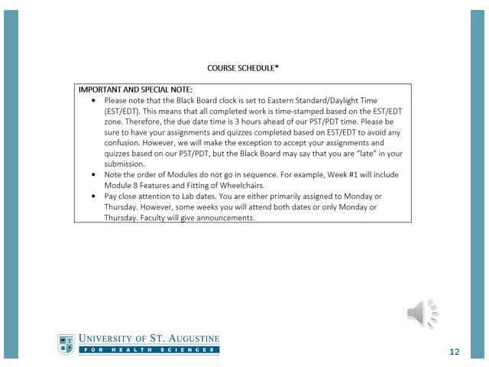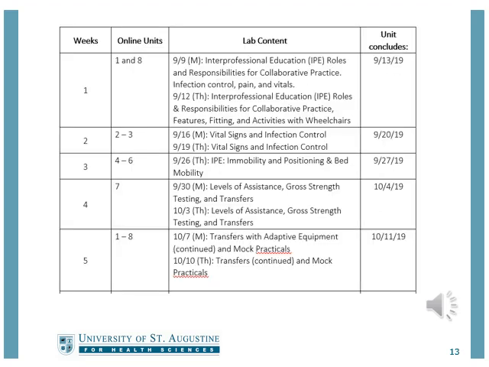Also, the modules are done a little bit out of sequence. You'll see that we are going to start with Module 8 this week, working with wheelchairs and the features and fittings of wheelchairs within your first week of lab activities. As you go through the last pages of your syllabus, you'll see the week-to-week breakdown. You can see that for this week, you have some pre-lab preparation.